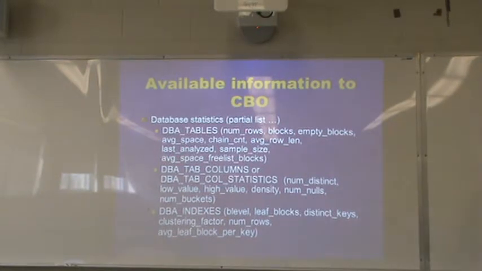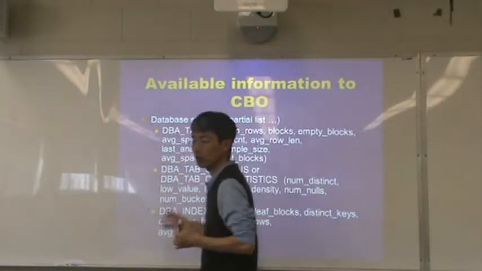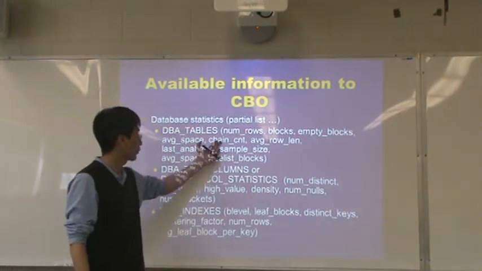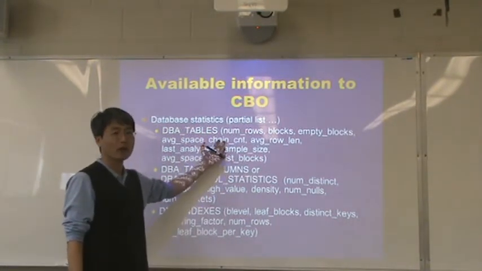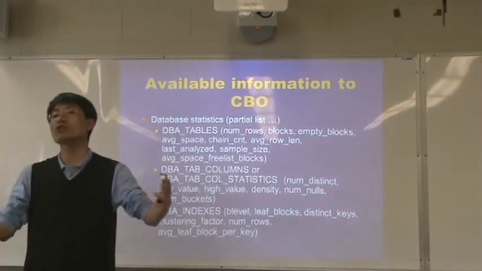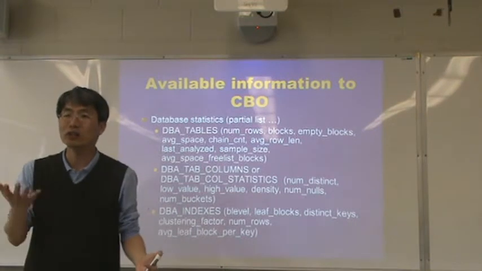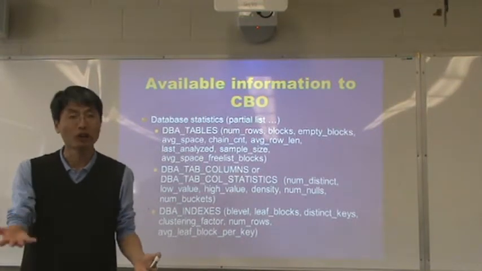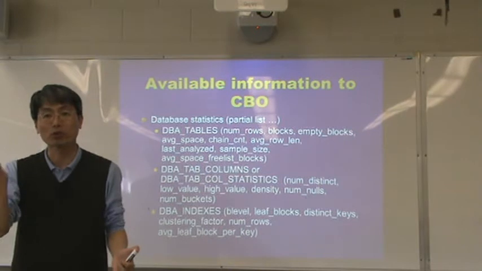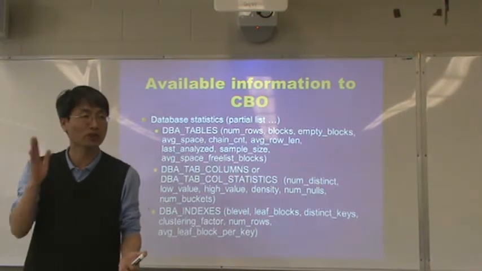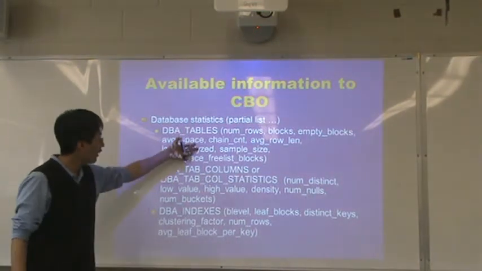That is called a chain. That is also another important thing. Why? If all the rows are chained, you need double the IOs because you need to access two blocks to access one data.